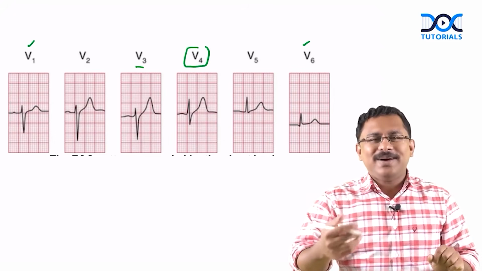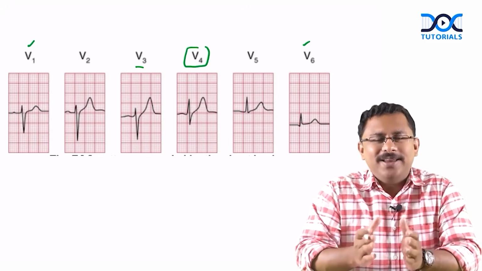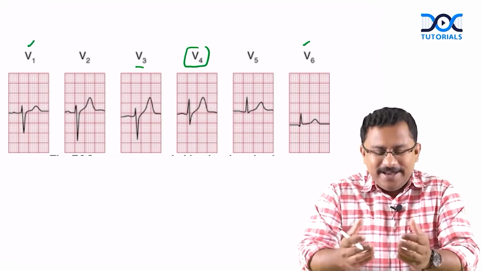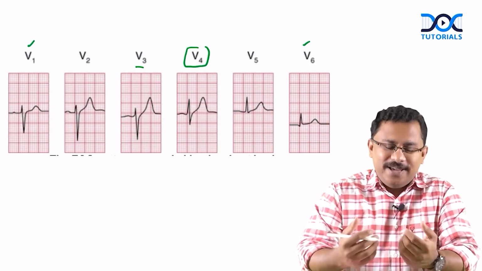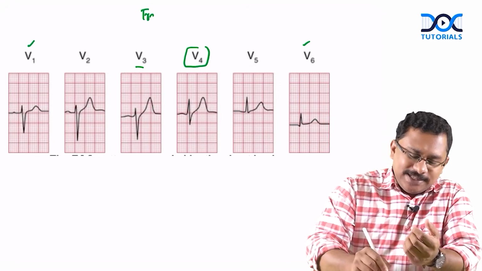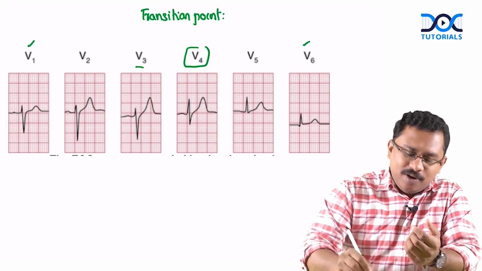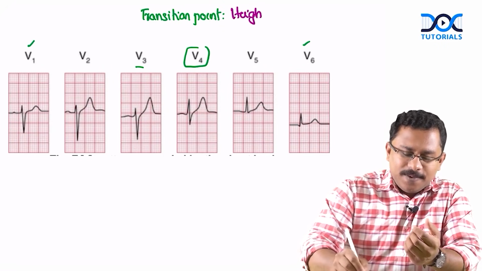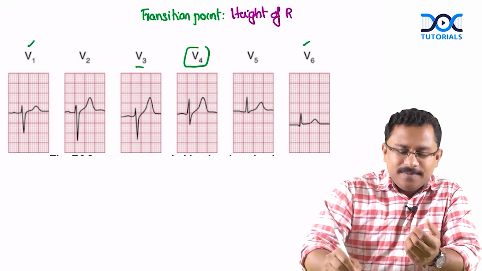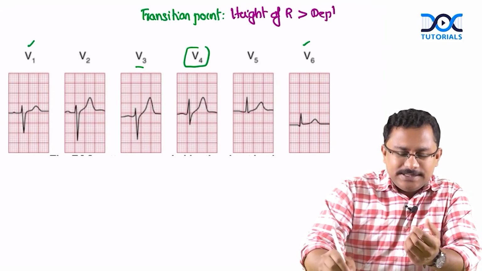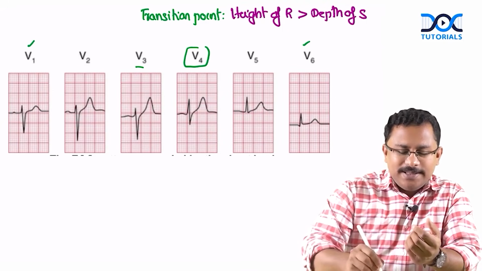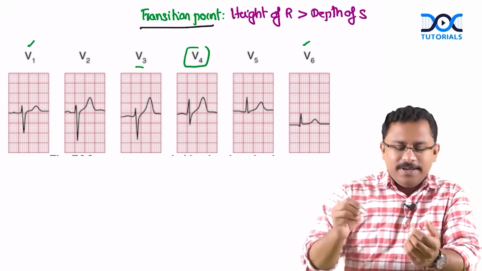What do I mean by this transition? The transition point is the point where the height of R is greater than the depth of S. That is called a transition point.